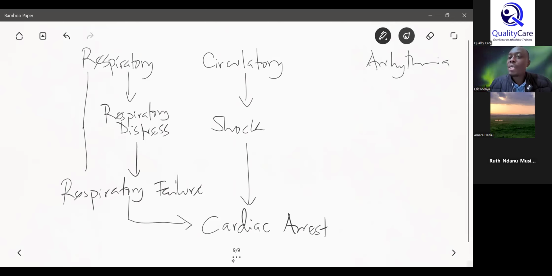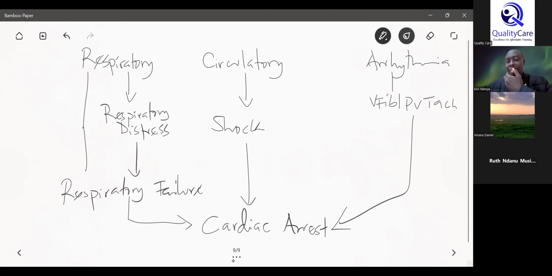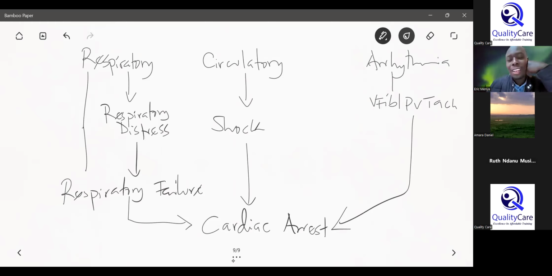Arrhythmias due to things like VFib or pulseless VTAC. Patients could end up in cardiac arrest, particularly kids born with congenital heart disease.